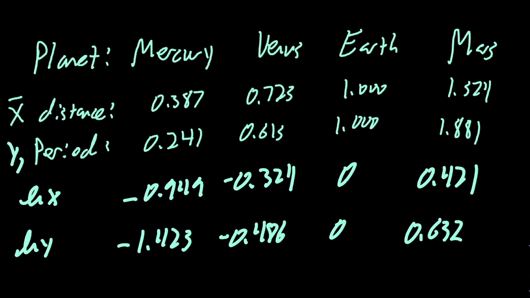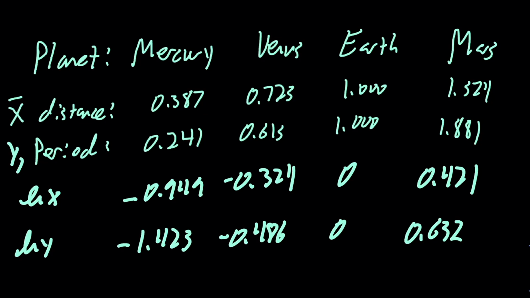Okay, so what we have here is the same table, but with the natural log of the average distance and the natural log of the period. Why did I do this?